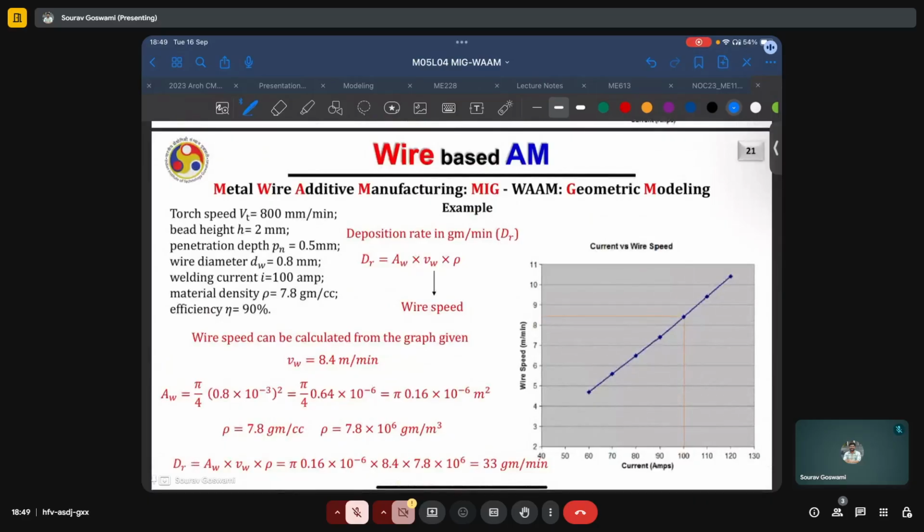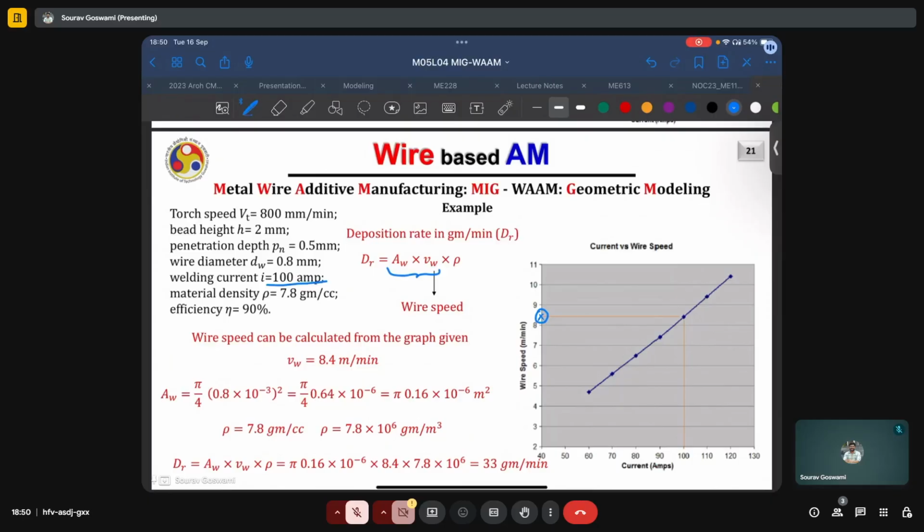The wire speed can be found directly from the working curve, because the welding current is given to us, which is 100 amperes. 100 amperes corresponds to a wire speed of approximately 8.4 meters per minute. And the deposition rate will be obtained from this continuity equation like relationship, where we have cross-sectional area of wire into velocity of wire times the density.